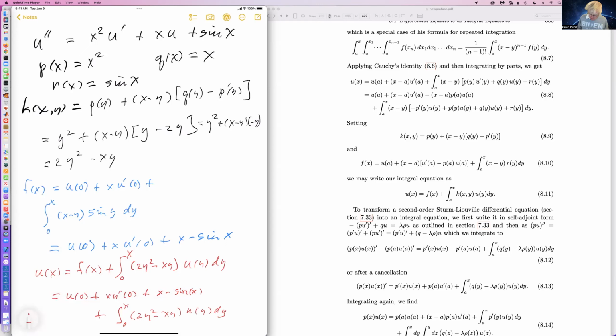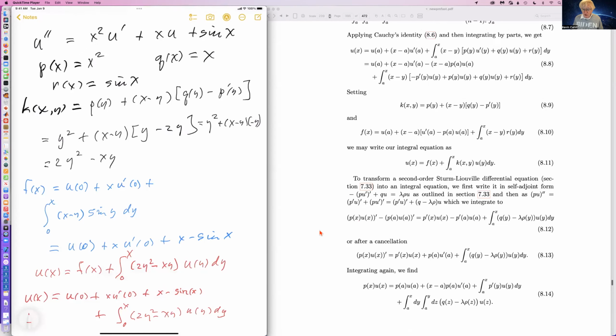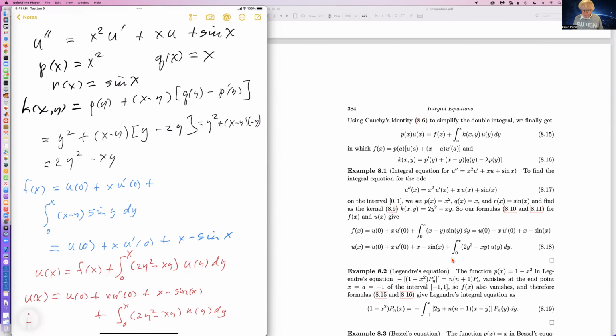And as I said, we can't do this. We just have as our equation u of x equals this. You notice the boundary conditions are built in. You have to put in a number for u of 0 and a number for u prime of 0. And anyway, so there is a nice integral equation for this particular differential equation that I just invented.